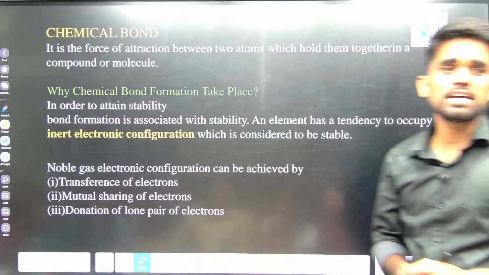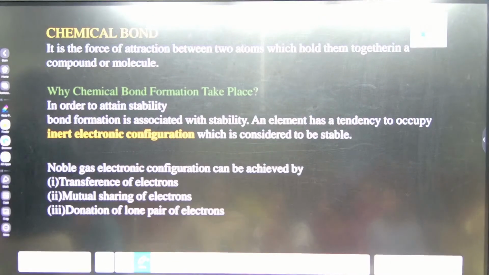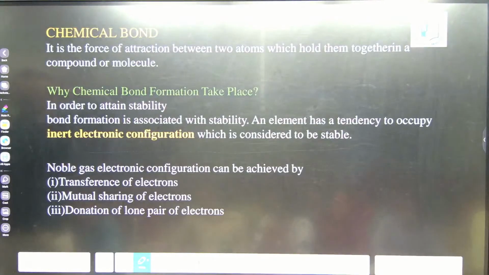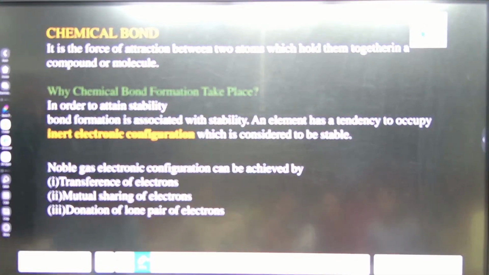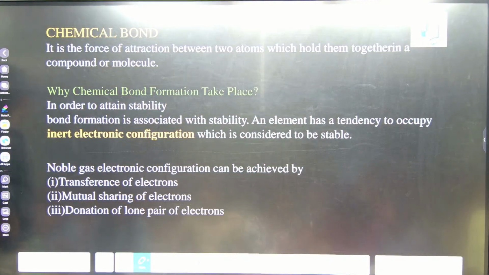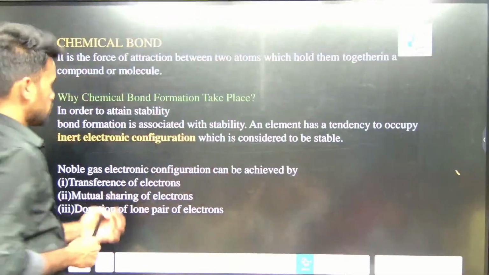So why does chemical bond formation take place?